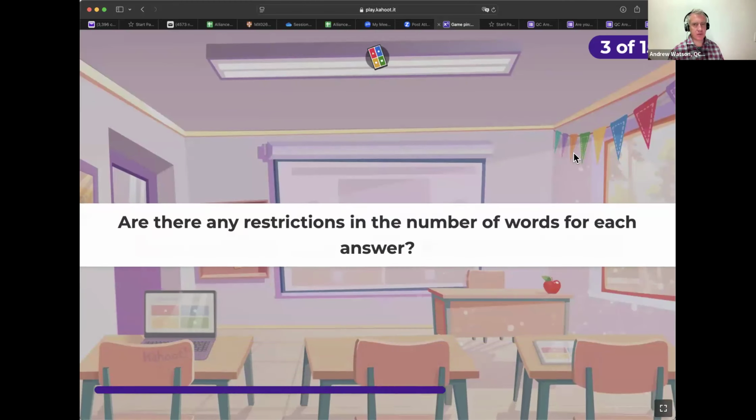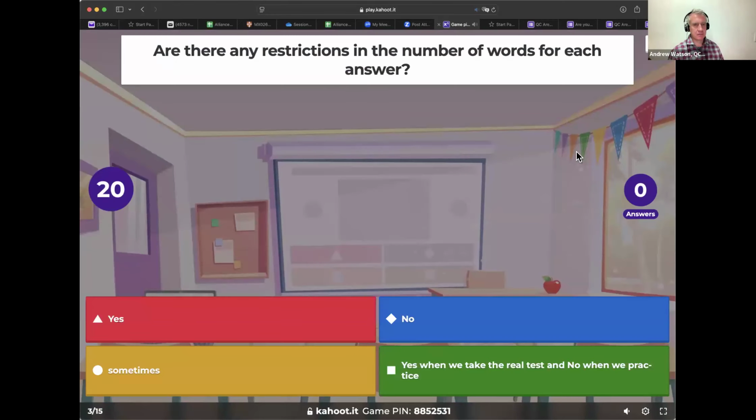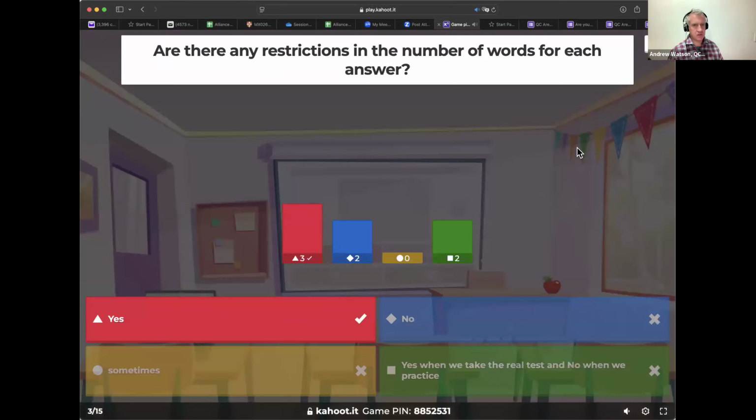Any restrictions in the number of words for each answer? Yes, there are.